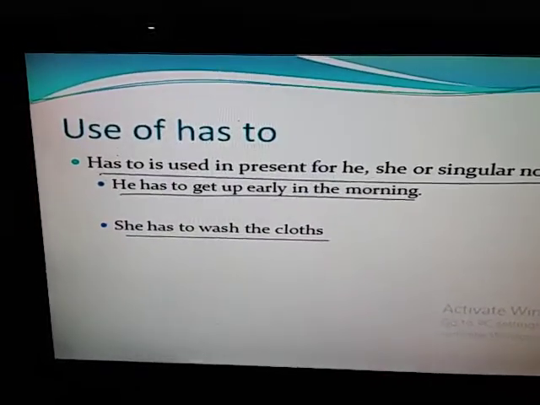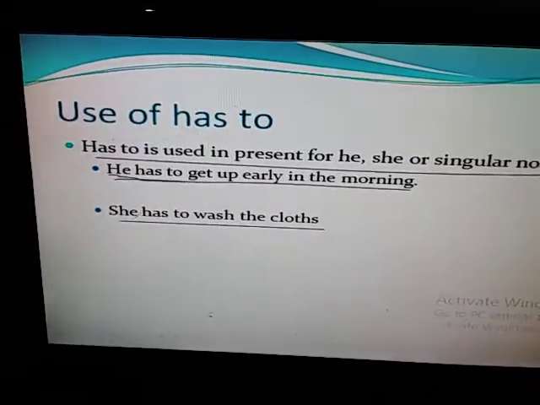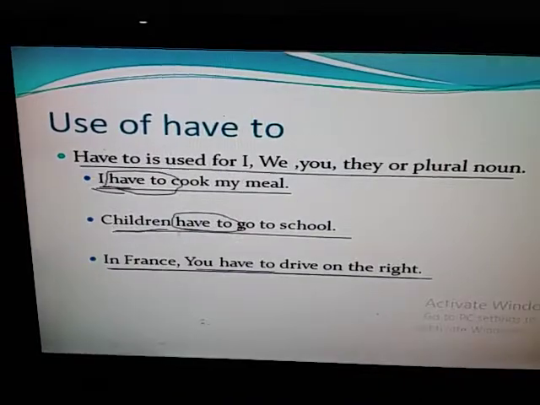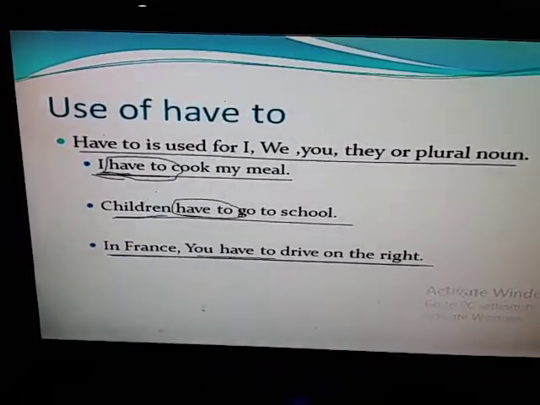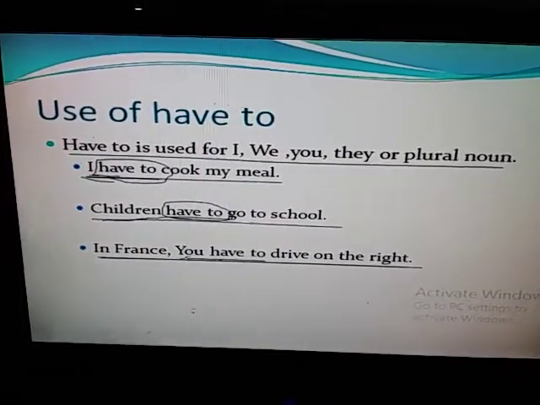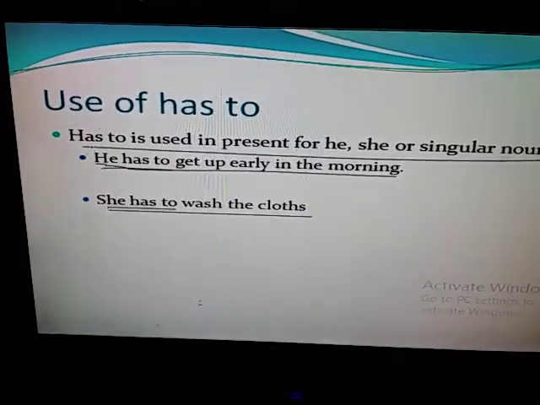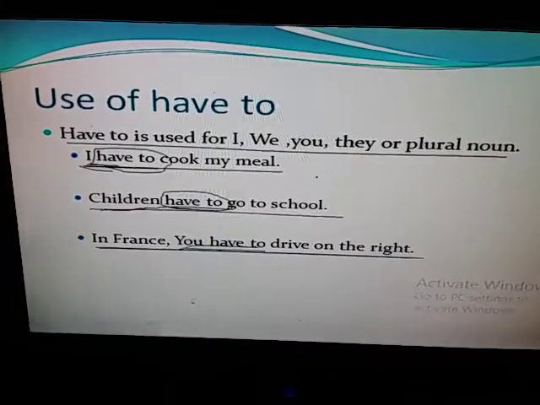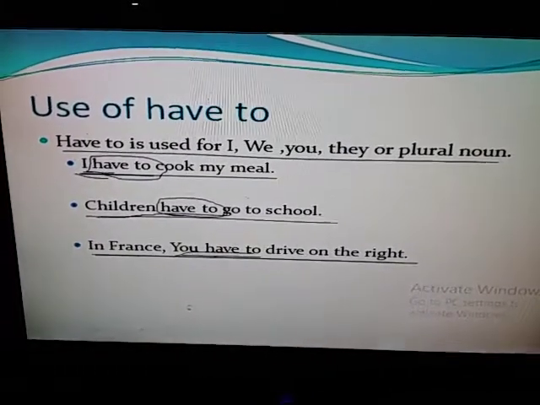We have seen that for he we use has to, for she we use has to, but for I we use have to, for children, a plural noun, we use have to, and for you we use have to. So we notice that has to is used in present for he, she, or singular noun, and have to is used for I, we, you, they, or plural noun.